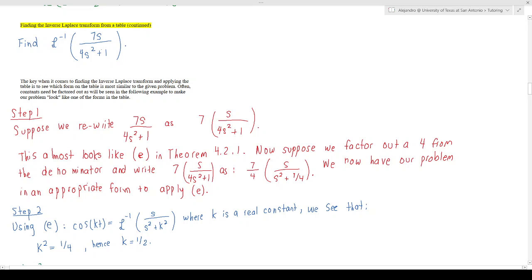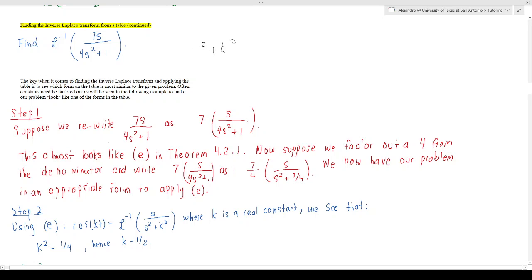It might look like something like the cosine one, right, when we have s over s squared plus k squared. But we have this 7 here and we have this 4 here. So if there's some way that we can actually manipulate this problem so that it looks more like one that we guess might be the right form to have it in, that's what we're going to want to try first.